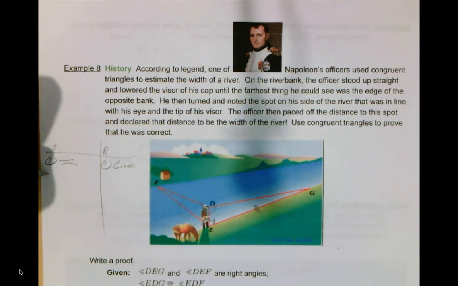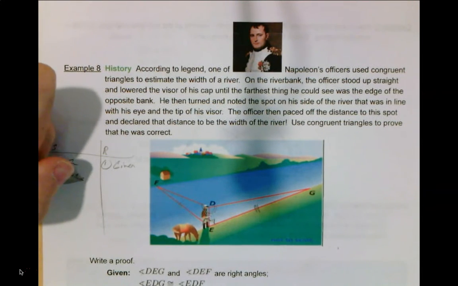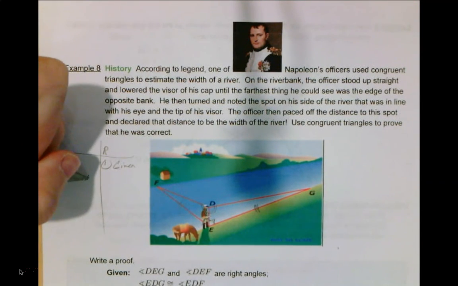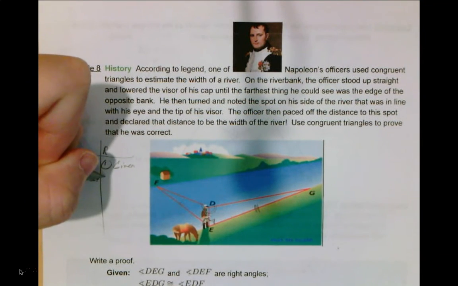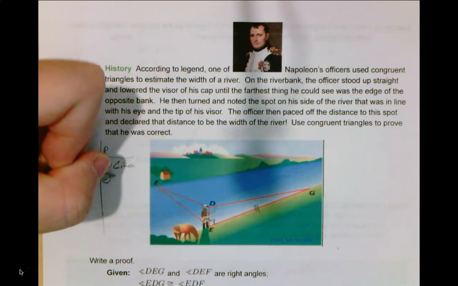And what do we know about all right angles? We know all right angles are congruent. So angle DEG is congruent to angle DEF. All right angles are congruent, or right angles congruence theorem.